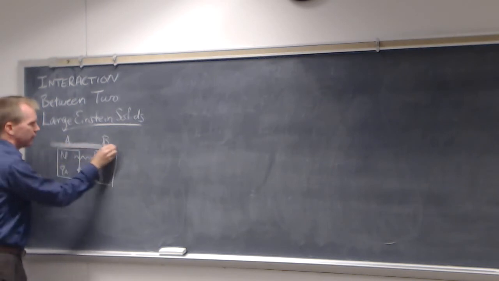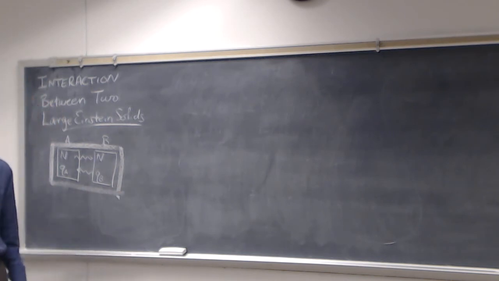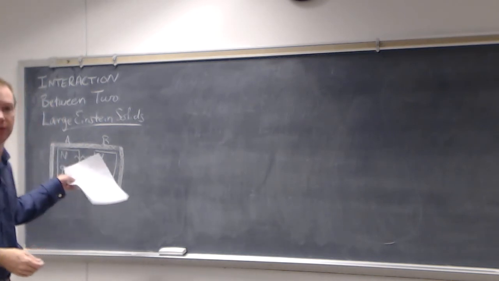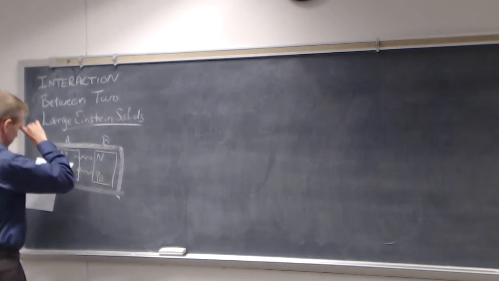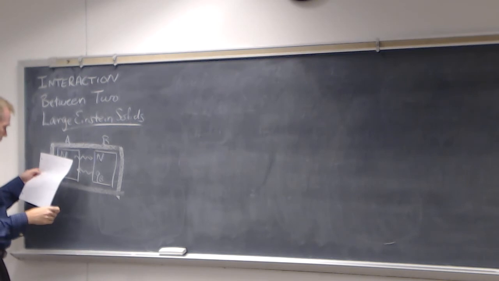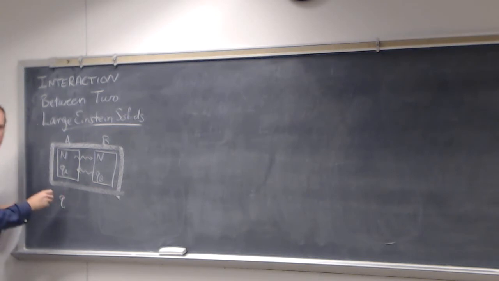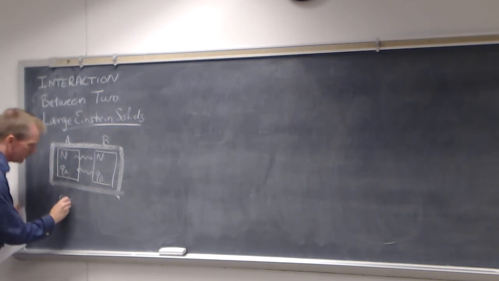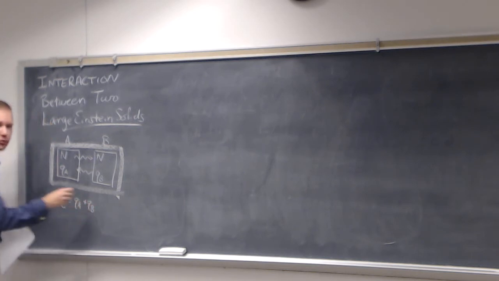But they are insulated from the rest of the world, so that the total amount of energy between the two of them is conserved. Okay. So the total units of energy Q is just the sum of QA and QB.